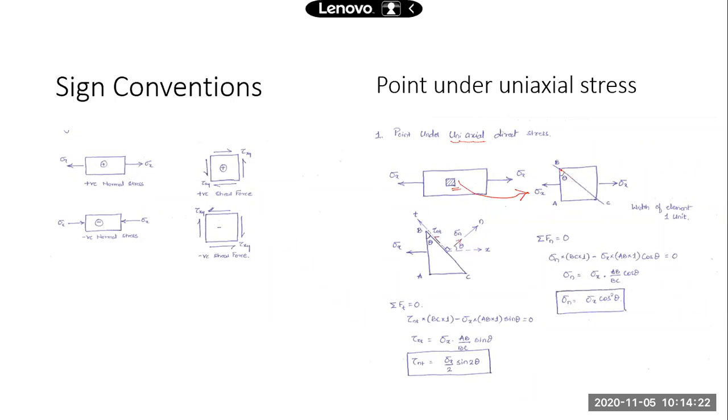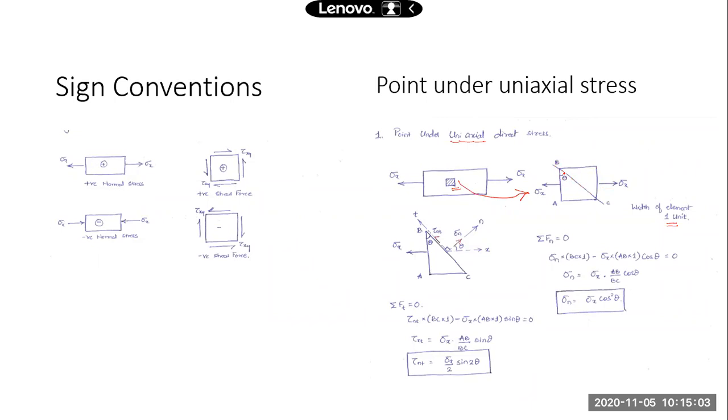The width of this element, the dimension perpendicular to our screen, is 1 unit. The state of stress is shown here: sigma x is the only stress. It is uniaxial stress along one axis only, with no shearing stresses. It is subjected only to uniaxial tension.